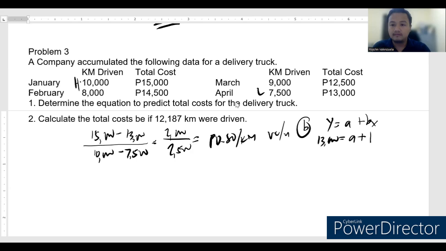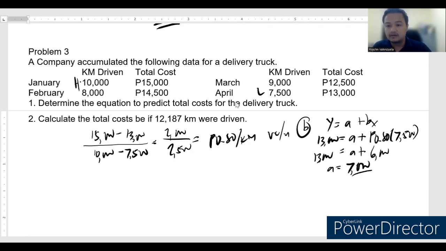Na-compute na natin yung B, that's 0.8 times X, which is yung lowest activity kasi lowest ko kinuha ko, 7.5. So you have 13,000 equals A plus 0.8 times 7,500, 6,000. Okay? So you have 13,000 minus 6,000, A is equal to 7,000. So yun ngayon yung ating total fixed cost.